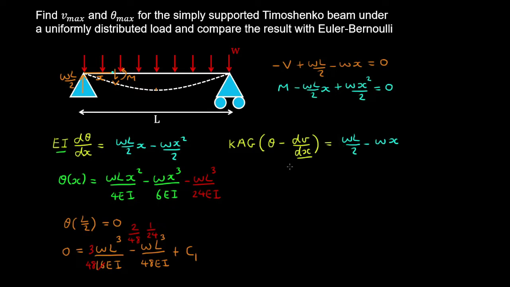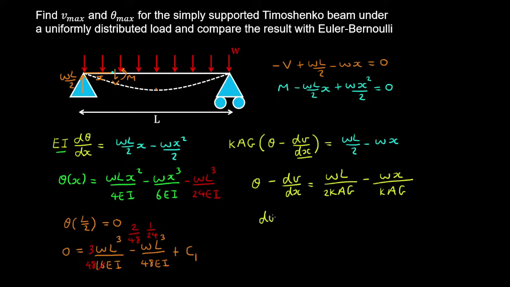And now solving this equation for dv dx, so first we divide through by kappa Ag, so we get WL on 2 kappa Ag minus Wx on kappa Ag.